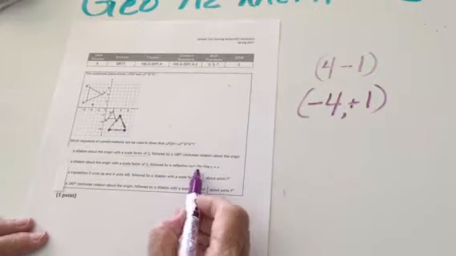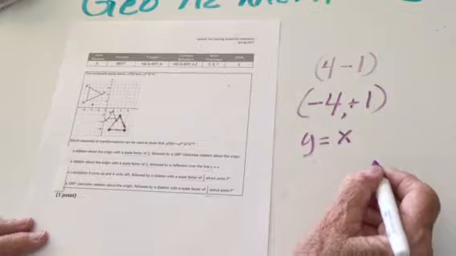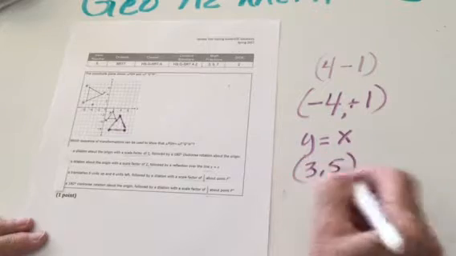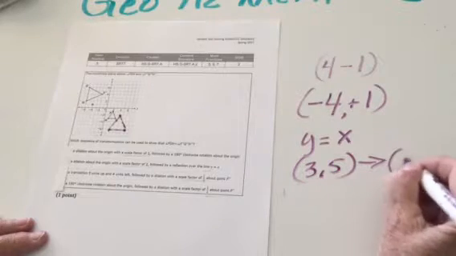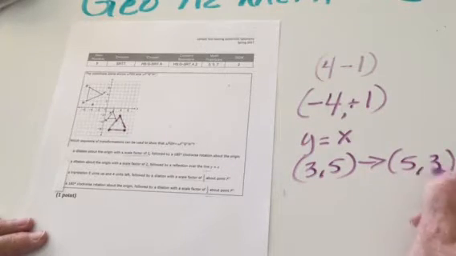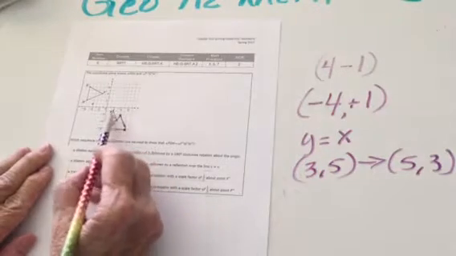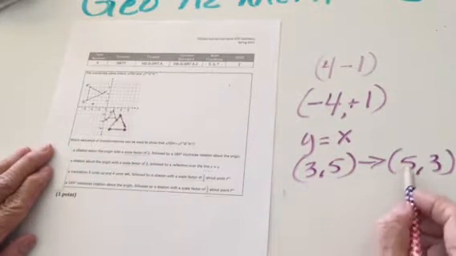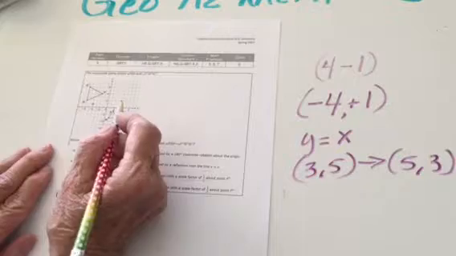All right, what are the rules for y equals x? Y equals x, the rule is if I have 3, 5, then my rule is going to say that it's going to go to 5, 3. We're just going to switch the numbers around. So if I have 4, negative 2, it should be 2, negative 4.